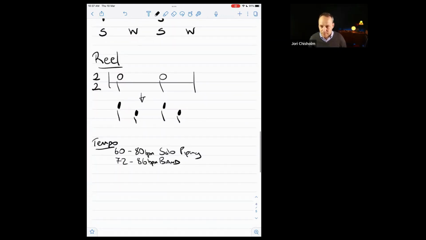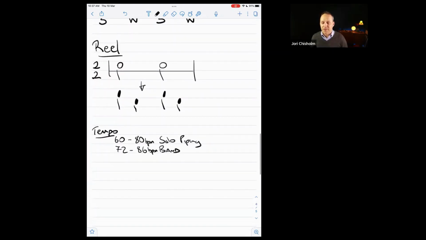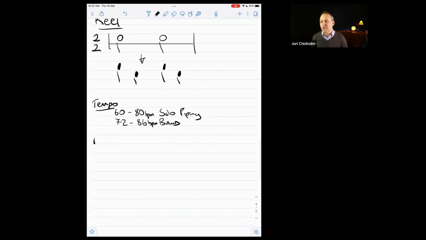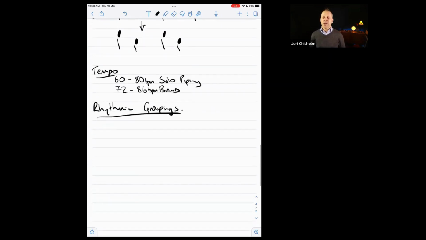Yep. And then our rhythmic groupings are going to be very similar to what we had in a 2-4 march. So we could have 4 quarter notes. Actually, we don't get into the 4-note groupings. Really, we're talking quarter notes and 8th note pairs, right? But in an MSR, you're going to have dot cuts.